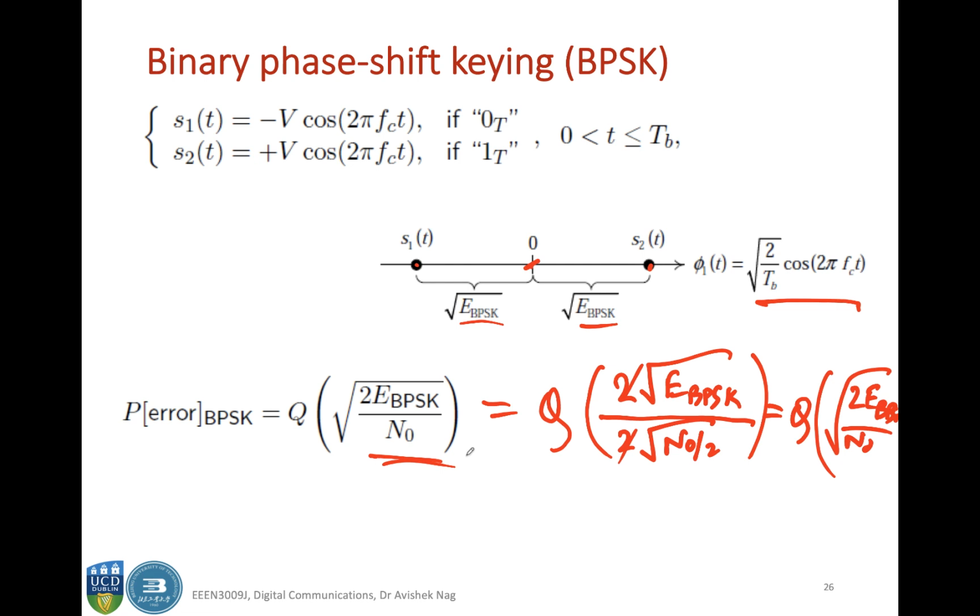All you need is to calculate the distance between the two signals in the signal space and represent the Q function of that term divided by 2 times the noise RMS bandwidth. Actually the denominator is the same for all cases. The only thing you need to calculate is the numerator, and this is just the distance between the two signals for any example that you take up for binary communication.